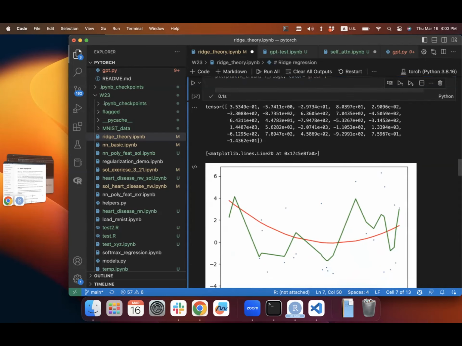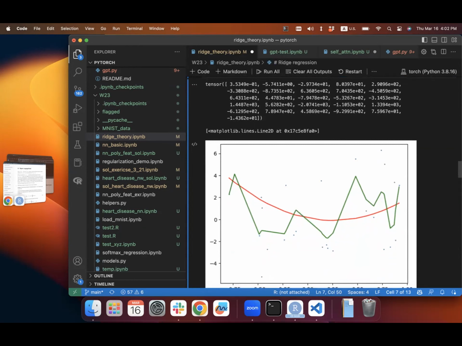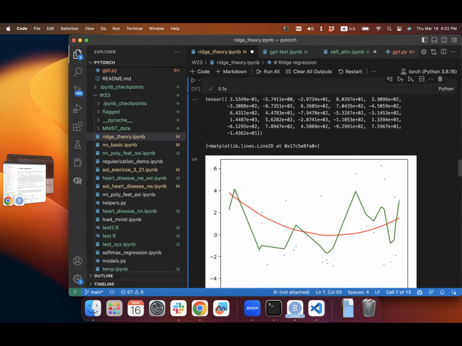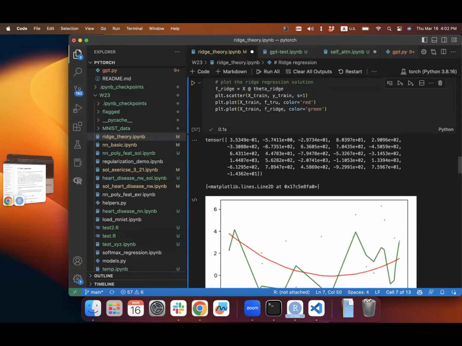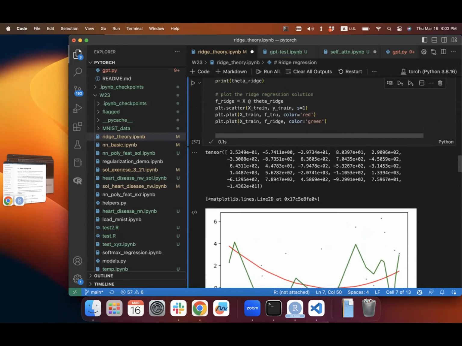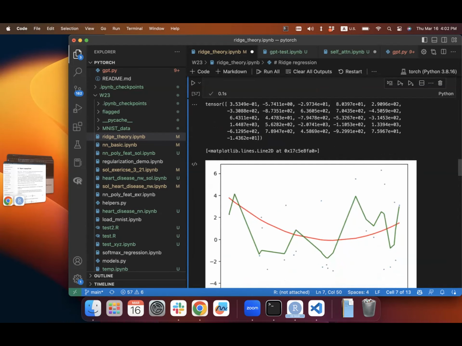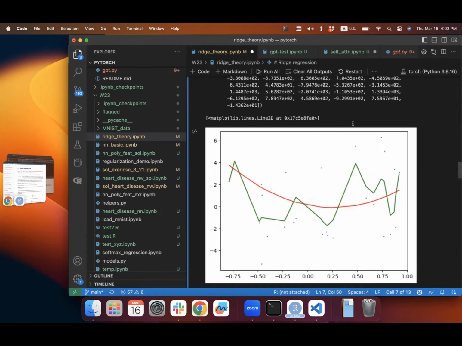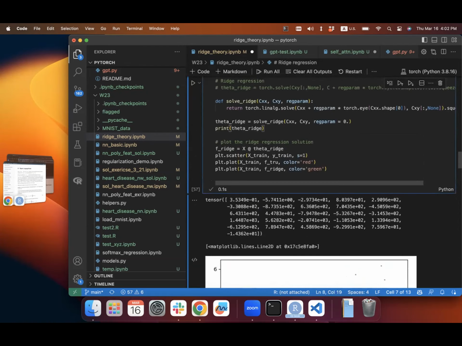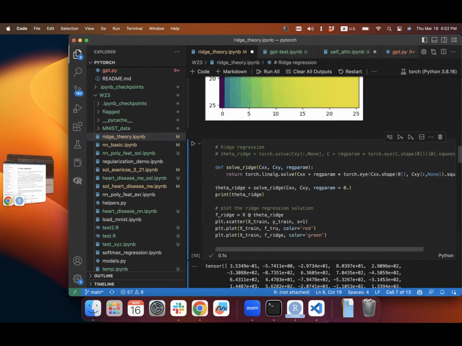Zero regularization. You should interpolate, sort of. I think I don't have enough resolution. In any case, check this out later for yourself.